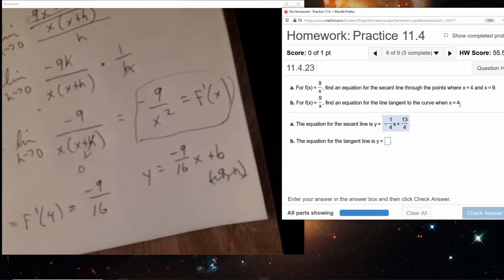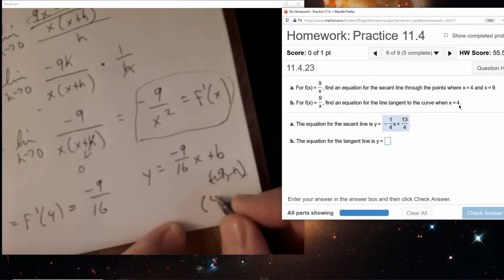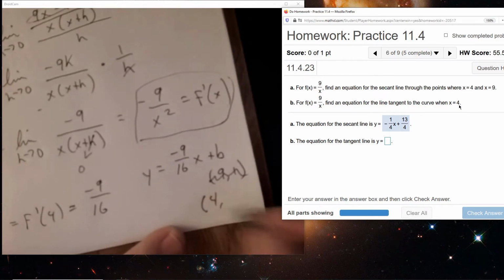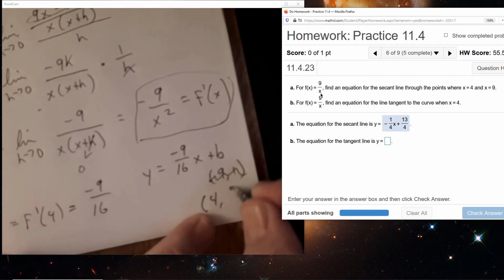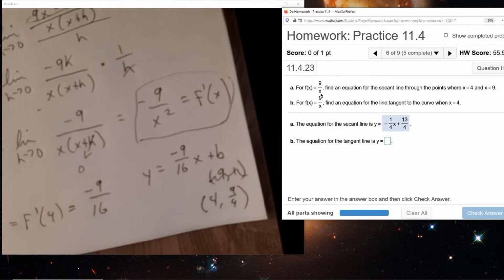We have to use 4. So if we plug 4 into the original function, we get an output of 9/4. So this is the ordered pair we're going to have to use because our point of interest is 4. So we have to use 4.